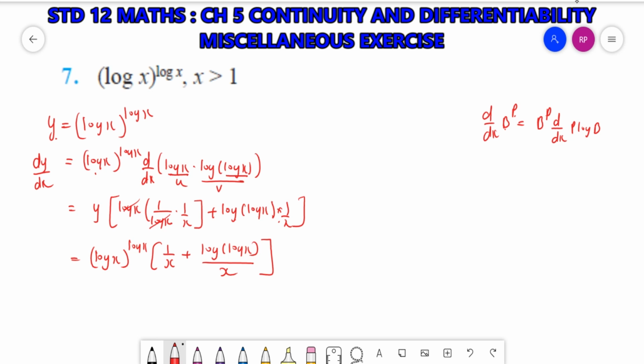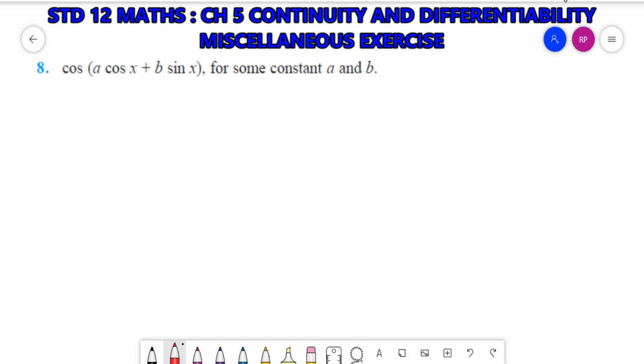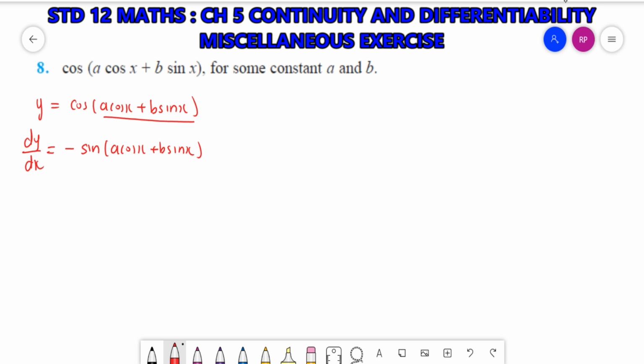Now let's move to the next question, that is question number 8. Let's say y equal to cos of a cos x plus b sin x. So dy by dx: derivative of cos is minus sin of a cos x plus b sin x into d by dx of a cos x plus b sin x.